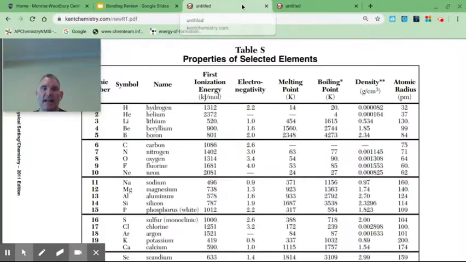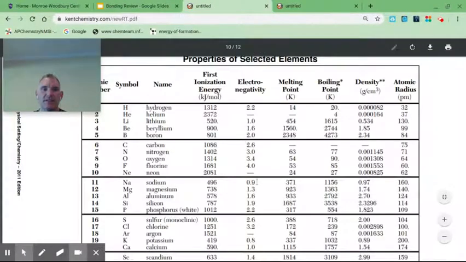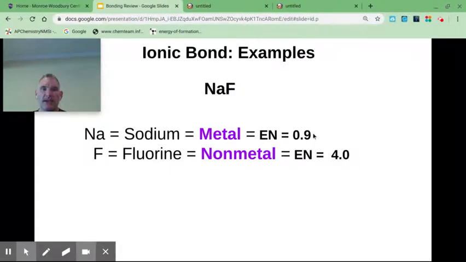On Table S, sodium is 0.9 and fluorine is 4.0. So if I have 0.9 and 4.0, my difference is going to be 3.1. Remember that my difference of 1.7 to 3.3 is ionic. So this would fall into the ionic category as well.